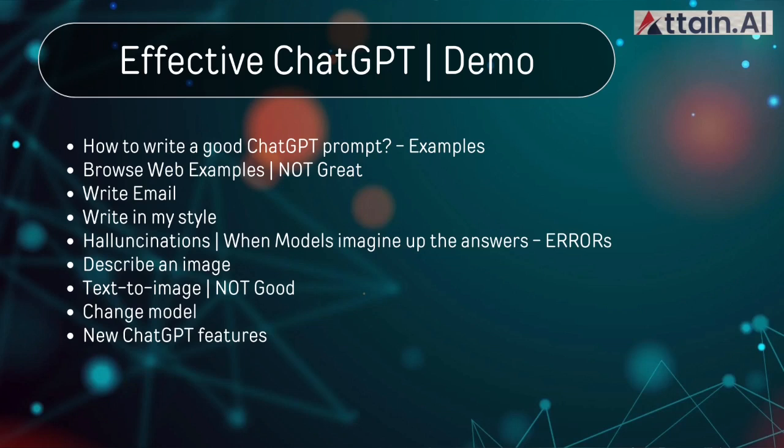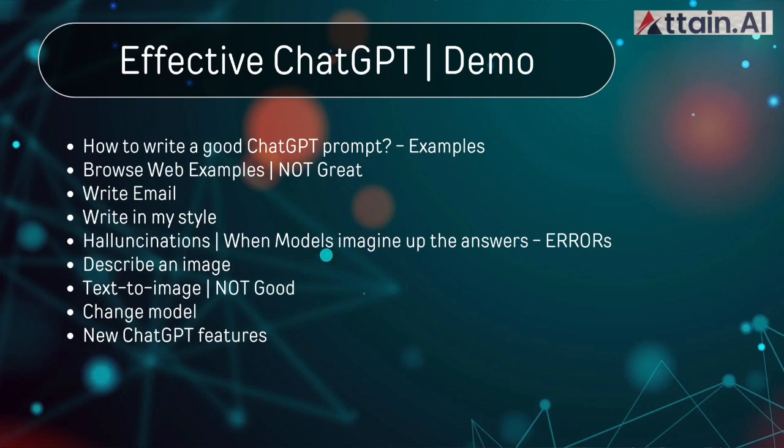So, when generative AI does not give an accurate answer but it imagines it up, that is called a hallucination. And hallucinations are one of the biggest problems in the real world. These are one of the biggest problems that we face with generative AI, and I will tell you how we solve that problem and how we at least minimize it. It is not something you can solve 100%, but there are ways to minimize it to a very low occurrence.